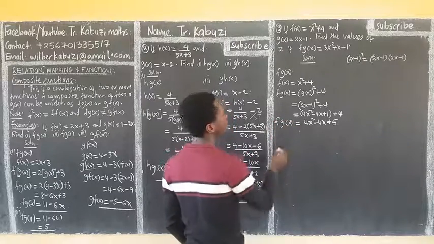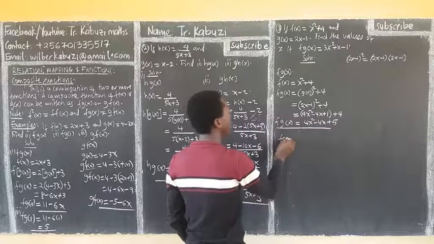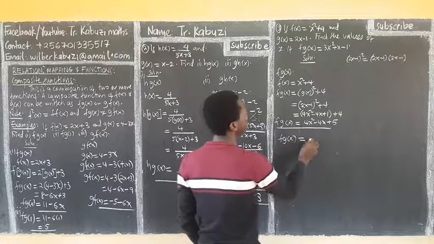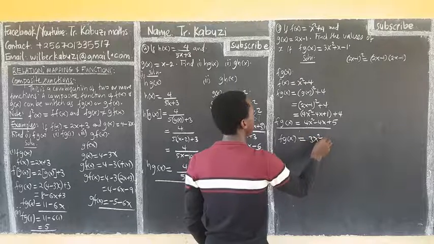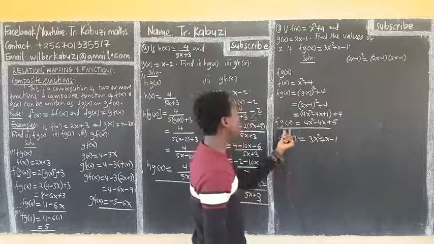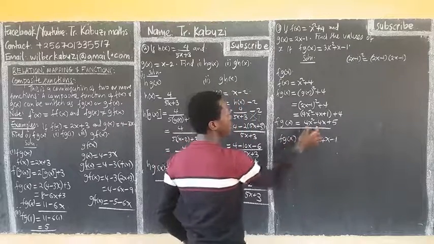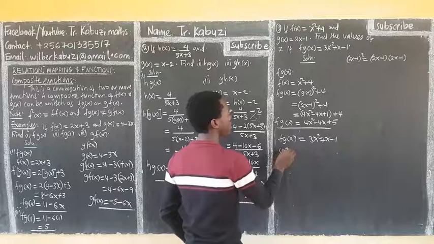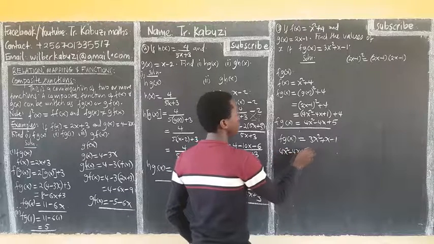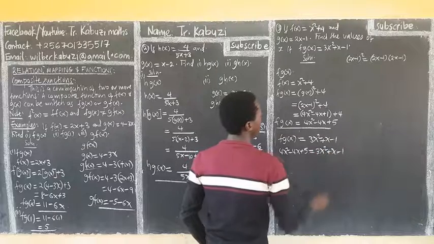Now they are telling us that fd of x is equal to 3x squared plus x minus 1. So find the value of x. It means that now we equate this to what they are giving us. Remember, the whole of this is equal to this. So 4x squared minus 4x plus 5 is equal to 3x squared plus x minus 1.